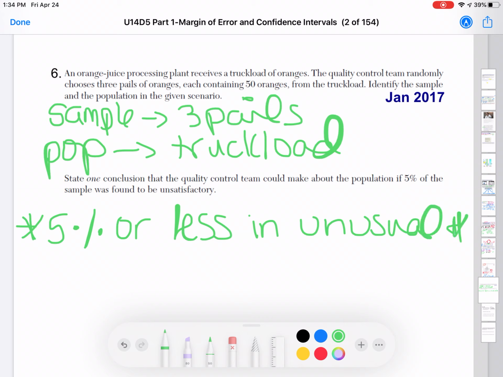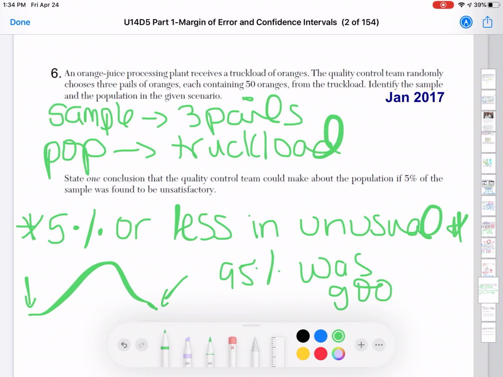Always. Think about your bell curve. That's all the way out here. So if 5% was found to be unsatisfactory, then that's okay. That means that 95% was good. So we can always accept the fact that 5% or less is okay.